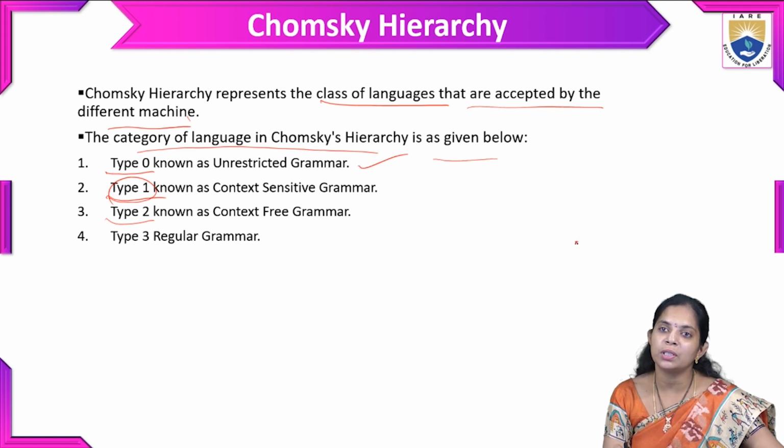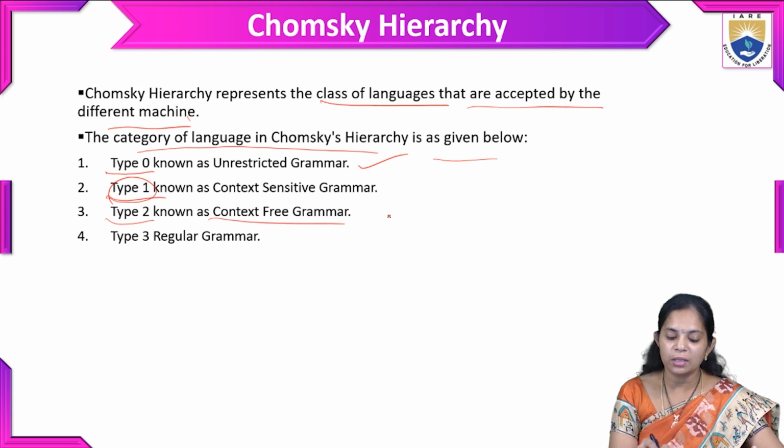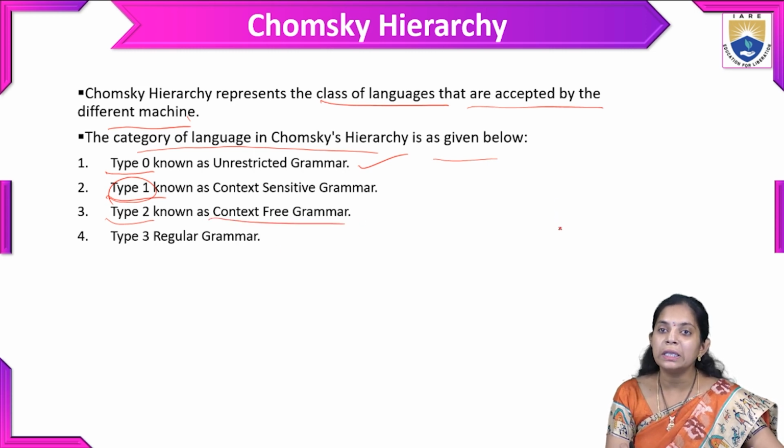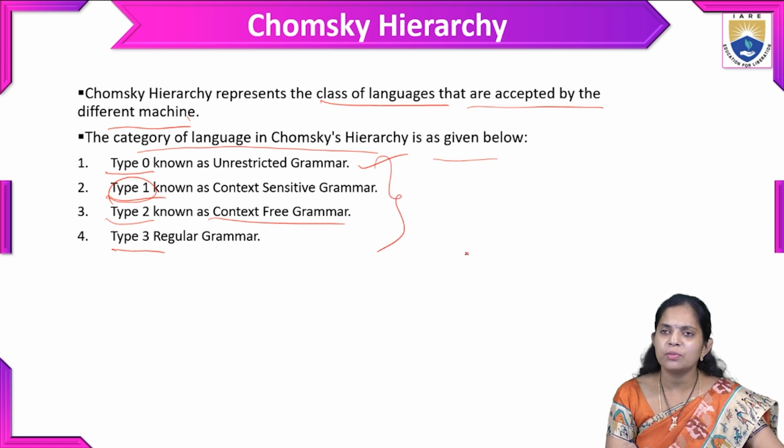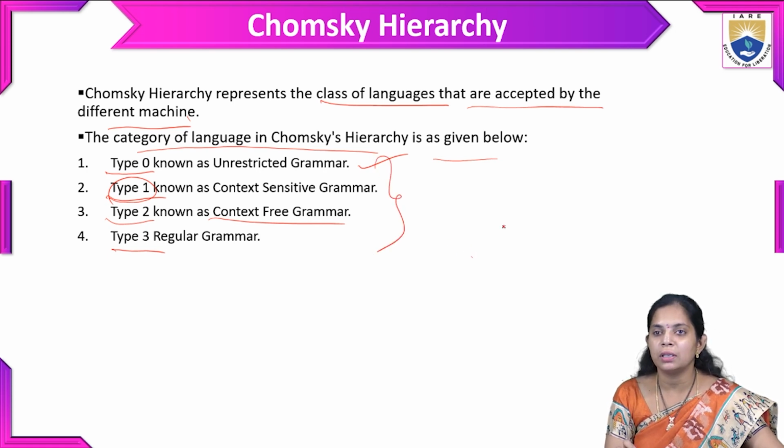These are the restrictions followed in the context free grammar. Next, type 3 is the regular grammar, which is a totally restricted grammar. These are all the types of grammars we need to discuss right now.